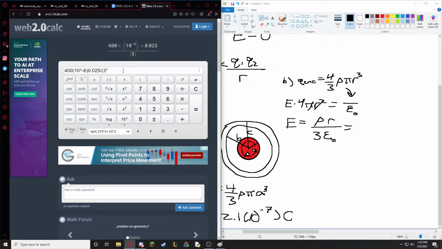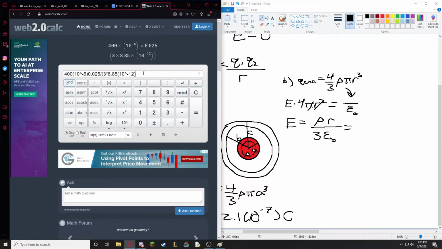What's the value for epsilon naught? Hint, it's in your formula sheet. 10 to the negative 12. Yep, exactly. 8.85 times 10 to the minus 12.